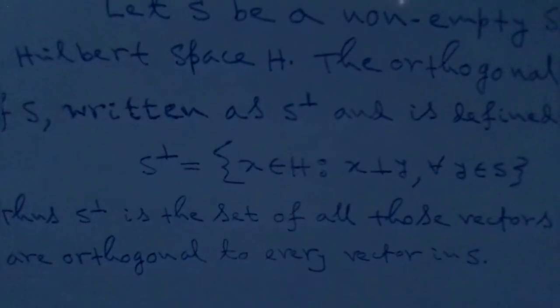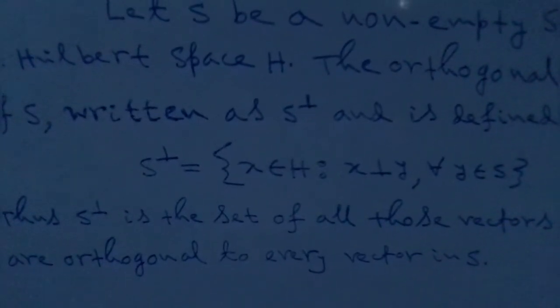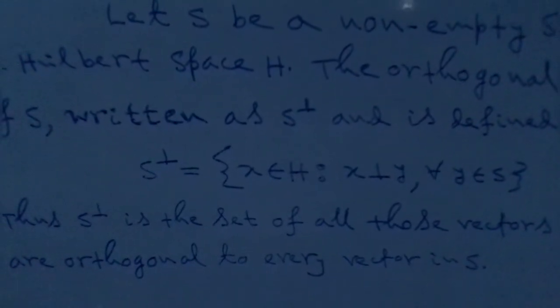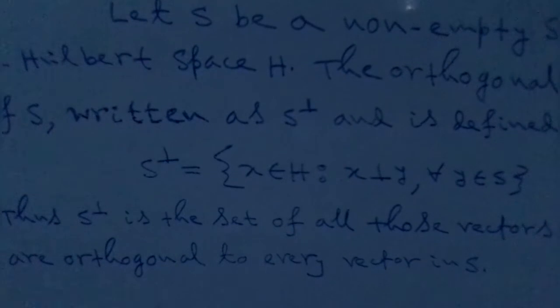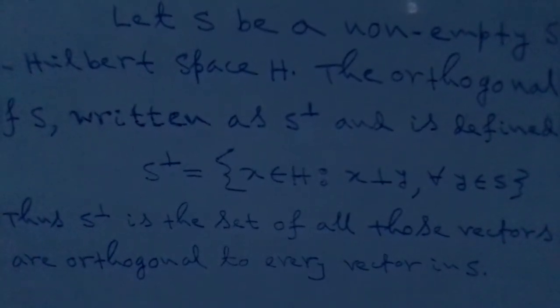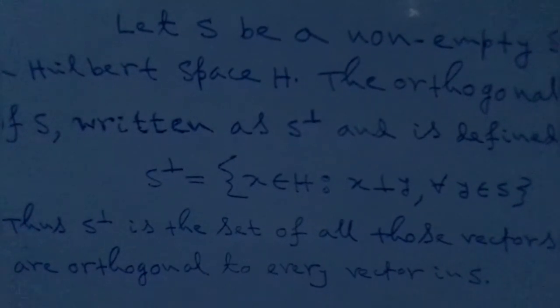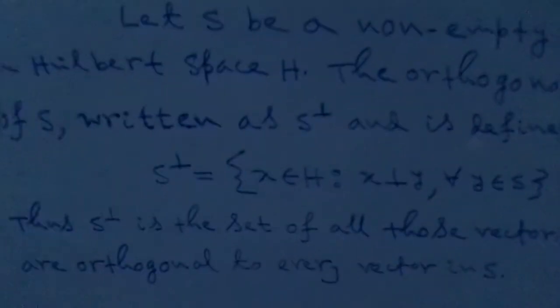And here if we notice, in the definition of S perpendicular, x belongs to H, and we are taking x perpendicular to y, for all vectors y belonging to the non-empty set S. So in this way it is defined.